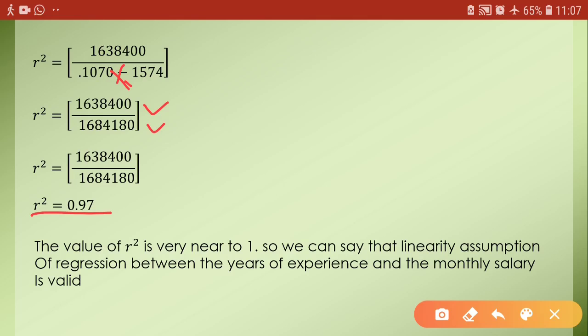Now you were having a question that you have to check the validity, and I told you that validity means if it is near to 0, then it is not valid. If it is near to 1, then it is valid.